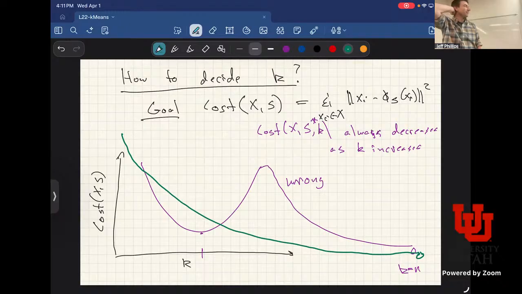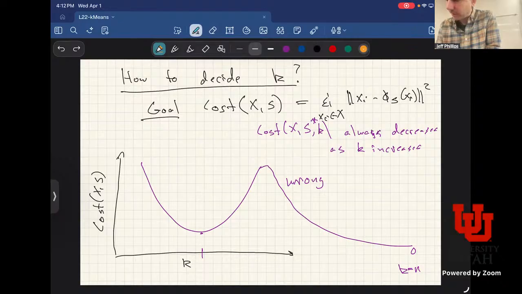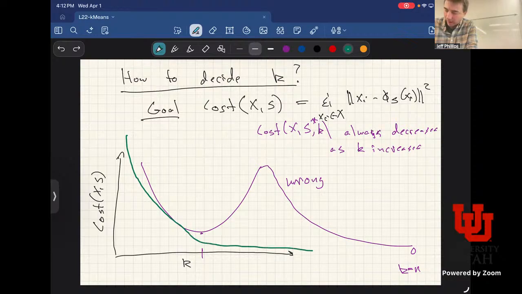So the common way to do this is, I'm going to redraw this plot, let me try redrawing this green plot again, a little bit more idealistic. So it looks kind of like this.